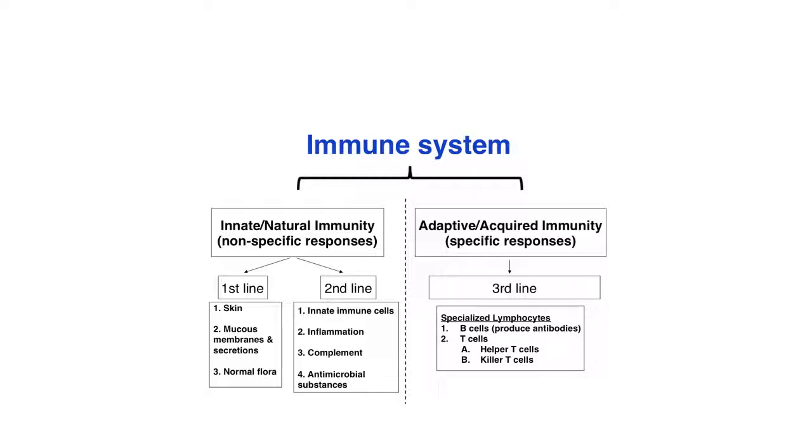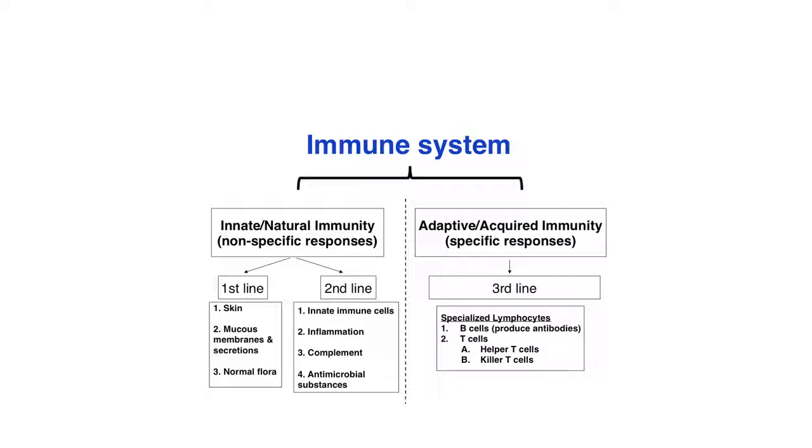Then the second line of defense: innate immune cells, which are macrophages, several kinds of white blood cells, granulocytes, eosinophils, basophils, etc. Then it's inflammation. It's not a thing, it's rather a process.